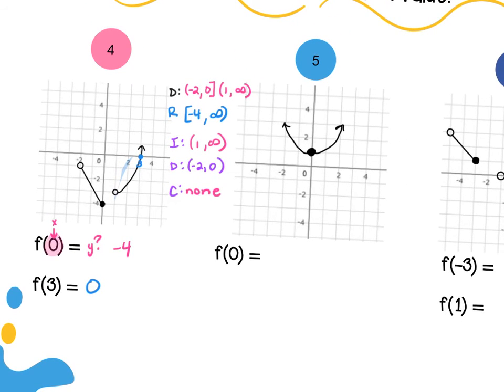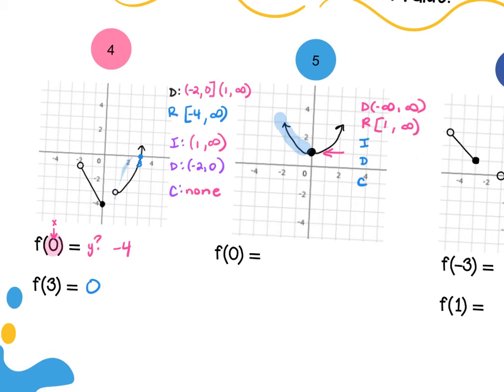Looking at number 5, my domain arrows point left and right, which means my domain is negative infinity to positive infinity. My range, the lowest y is here, which is 1. It's a solid dot. And then both my arrows point up, so it's to positive infinity. Increasing, decreasing, constant.